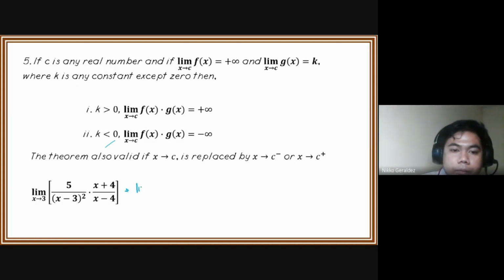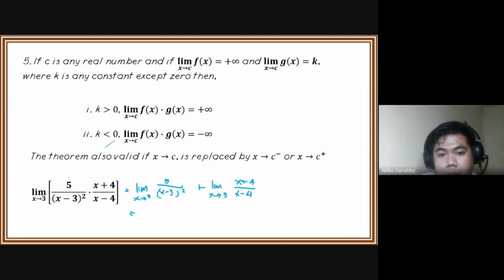So limit of 5 over x minus 3 squared as x approaches 3, times limit of x plus 4 over x minus 4 as x approaches 3. So ito, we have 5 over 3 minus 3 squared, so 5 over 0.